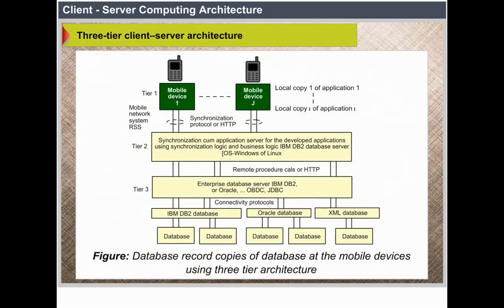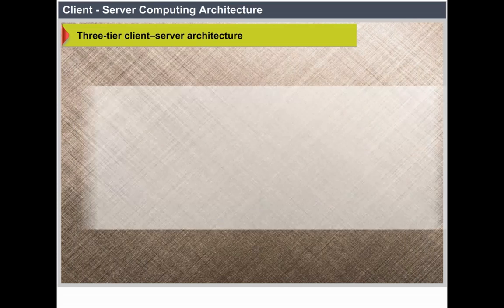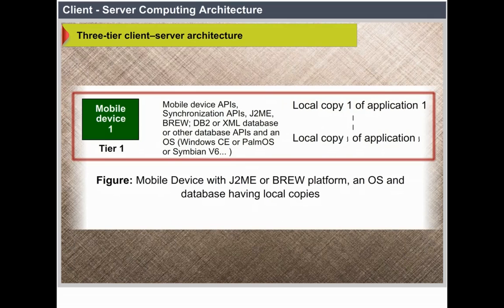Figure shows database record copies of the database at the mobile devices using 3-tier architecture. Figure shows a mobile device with J2ME or BREW platform, an OS and database having local copies.